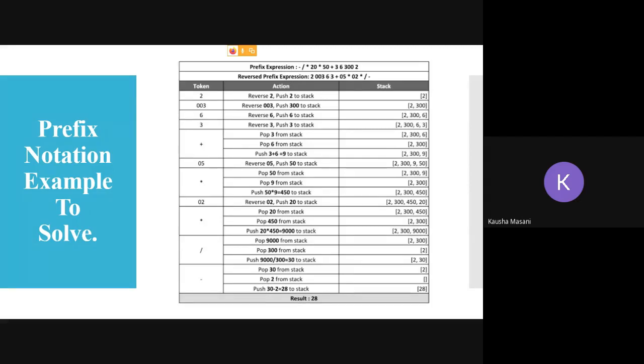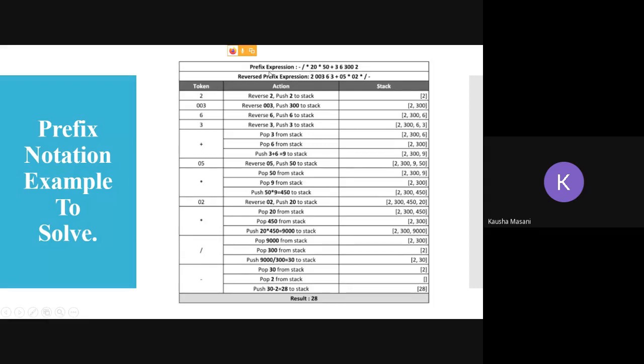A similar method is there. Just what they are doing is, the prefix expression is given, they are first of all reversing it, and then that reversed expression is again reversed here, so it is one and the same. This is the prefix expression: minus divide star 20 star 50 plus 3, 6, 302.